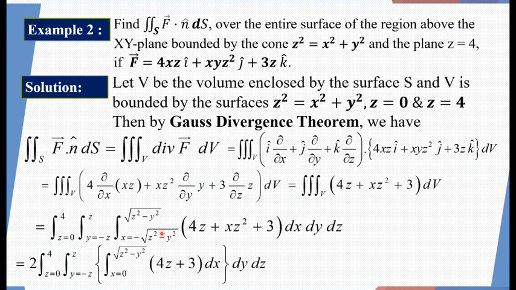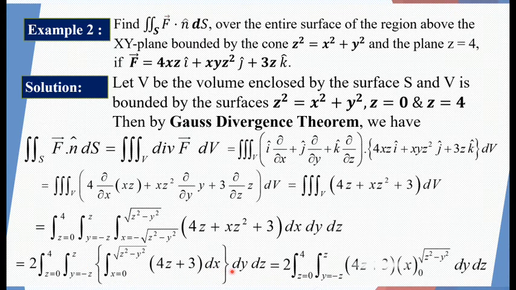So now we have to integrate with respect to x. So this 4z plus 3 will be treated as the constant, so we can take it outside. So the integral of dx is x under the limit 0 to root z² minus y². When we put in the limit, there will arise the square root of z² minus y².